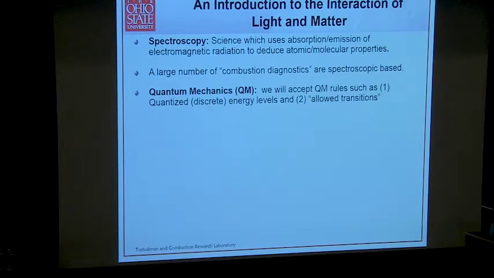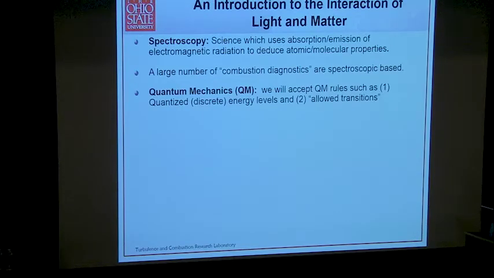Now, in order to get into spectroscopy, we have to kind of venture into the world of quantum mechanics. But again, I wanted these to come from a practitioner point of view. So there'll be some quantum mechanic ideas presented in here, Schrodinger's equation and solutions. But what we're going to do is mainly accept quantum mechanic rules, okay? We're going to accept the solutions. We're going to accept how you get from point A to point B, okay?